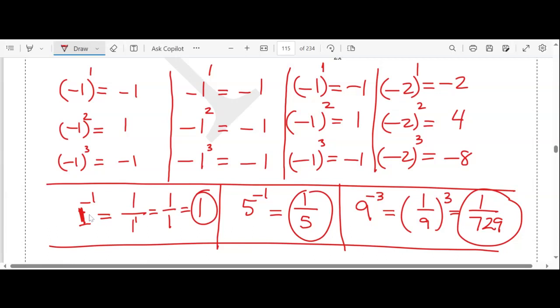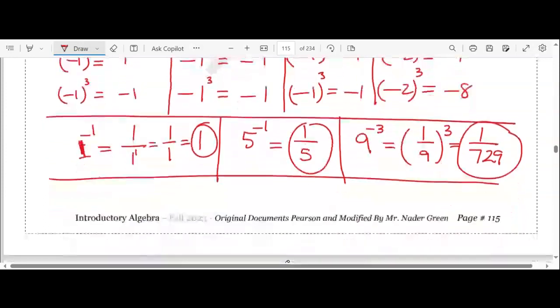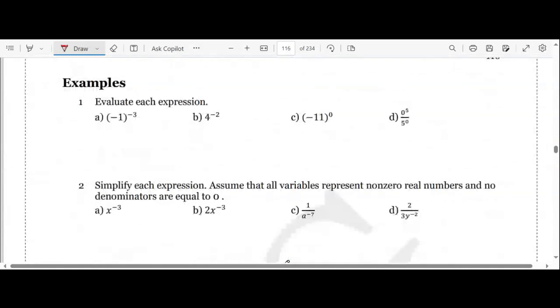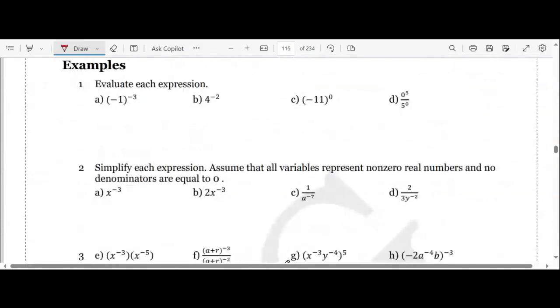Okay. Now let's go to some examples. -1 to the power of -3.